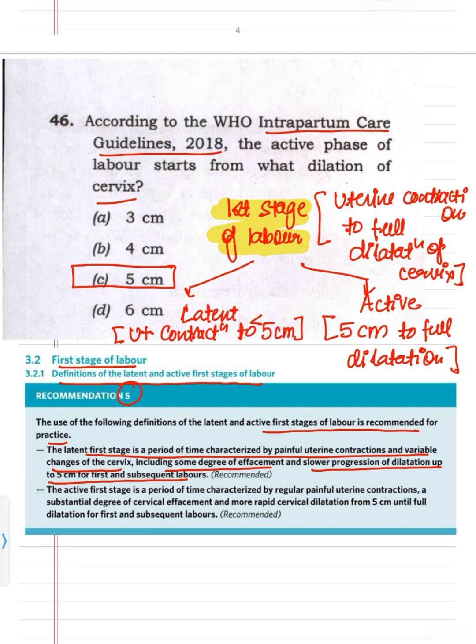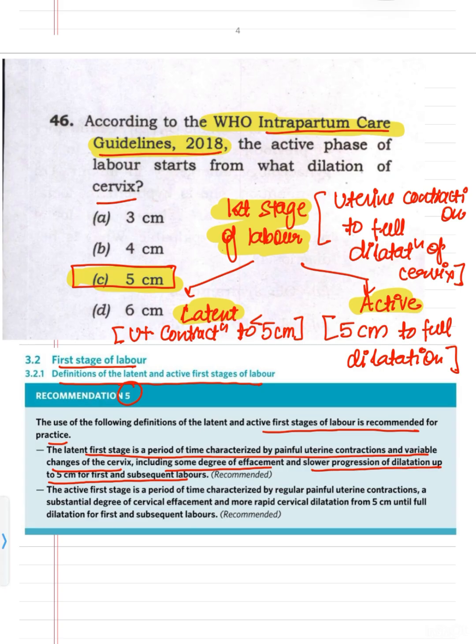So this is about the WHO intrapartum care guideline 2018. So it is 5 cm.